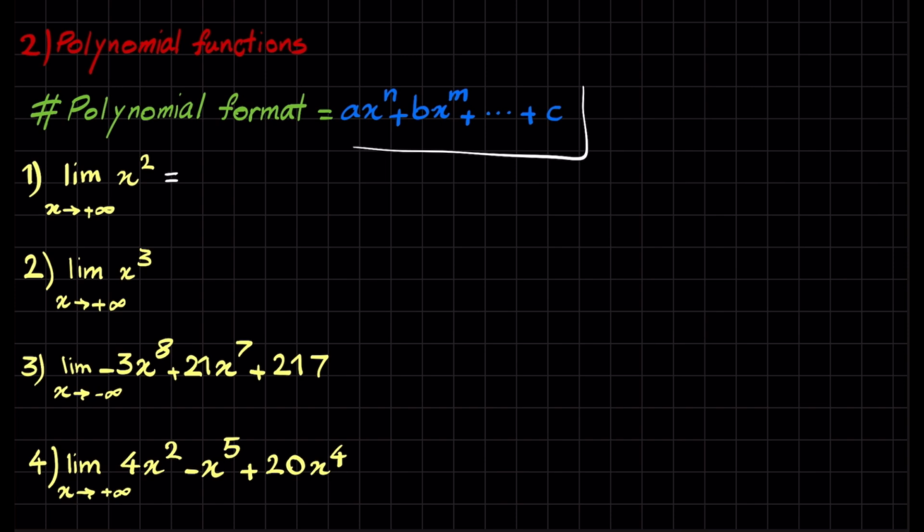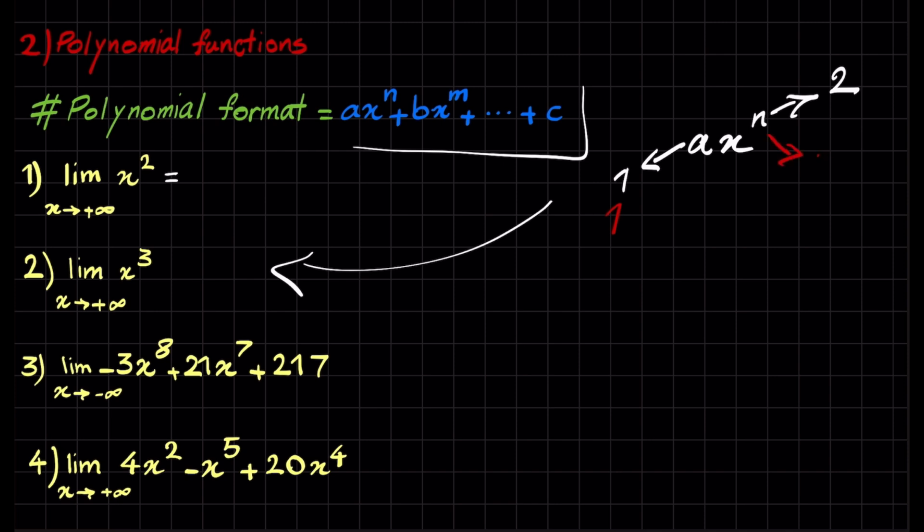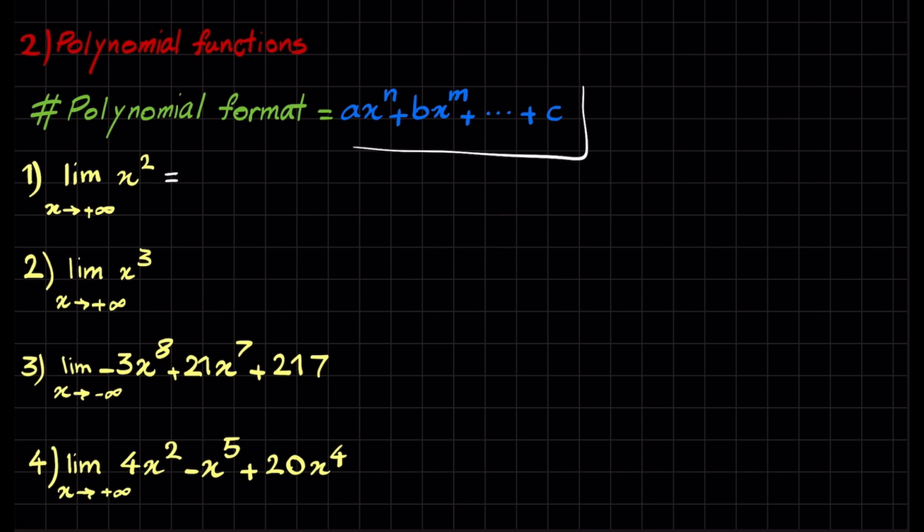As we can see, x squared has the format of a times x to the power of n, where a is 1 and n is 2. The same goes for the second one, where a is 1 again, and n this time is 3. So what we know is that we're dealing with polynomial functions.